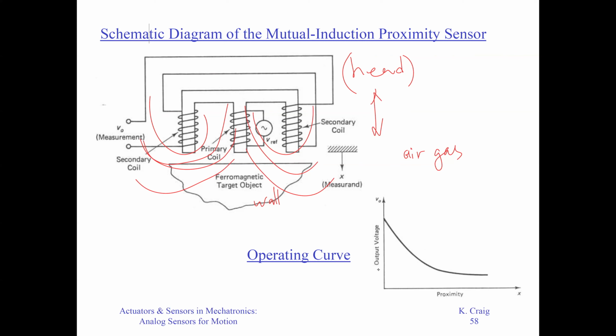When x is far away, the induced voltage inside here is smaller, while when you are very close, you have a very large voltage come out because the magnetic reluctance in the magnetic circuit is small.